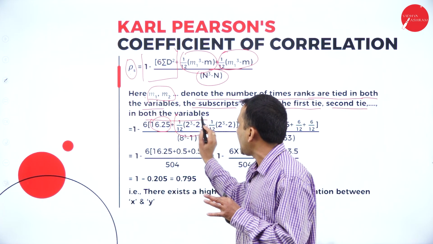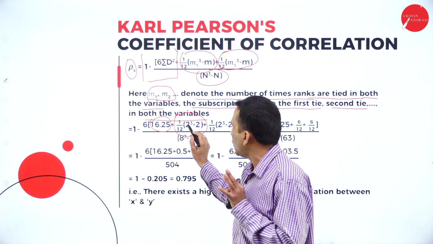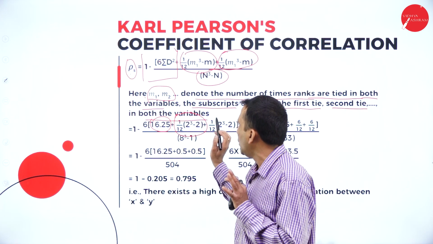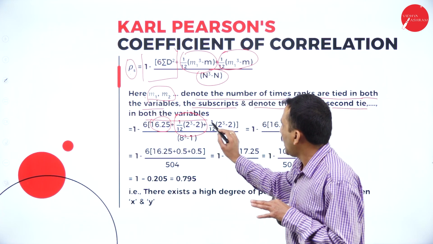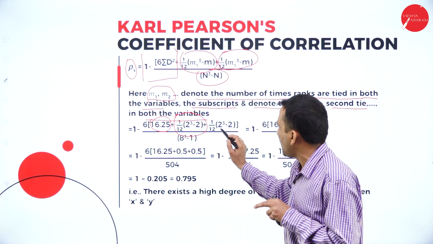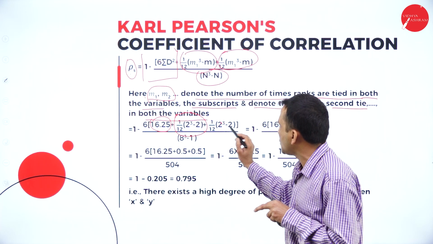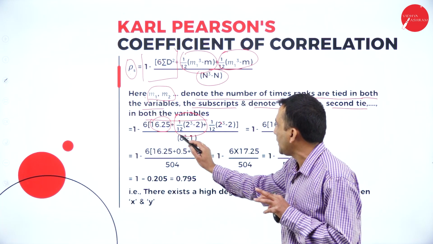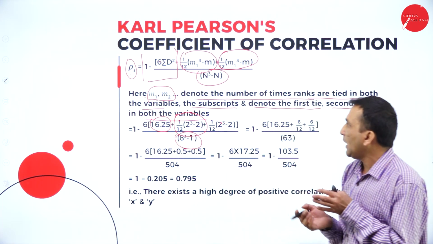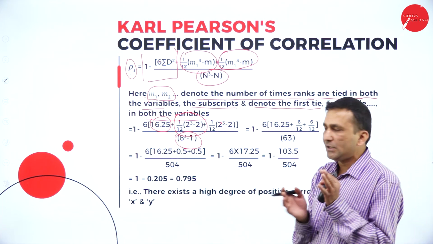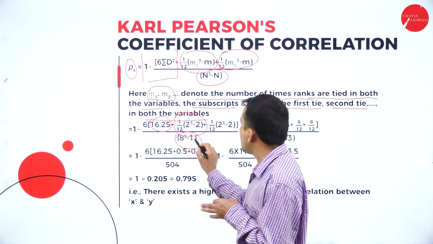The first correction factor I have written: 2 to the power of 3 minus 2, divided by 12, since 5 is repeated 2 times. The denominator is n, the number of items, which is 8: 8 to the power of 3 minus 8.